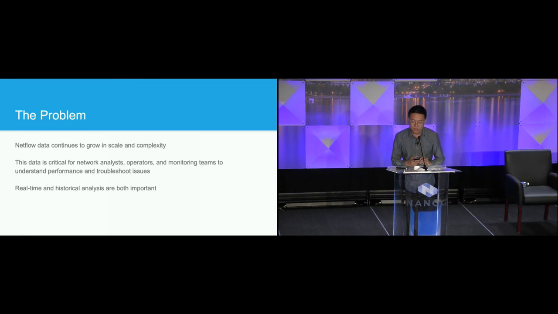Getting started, I'm going to start with some very high-level problems, and then get into increasingly more detail and sophistication around some of the problems I've seen with network flows. Very high level, I think we all know this: network flow data continues to grow in scale and complexity today, especially at major enterprises.